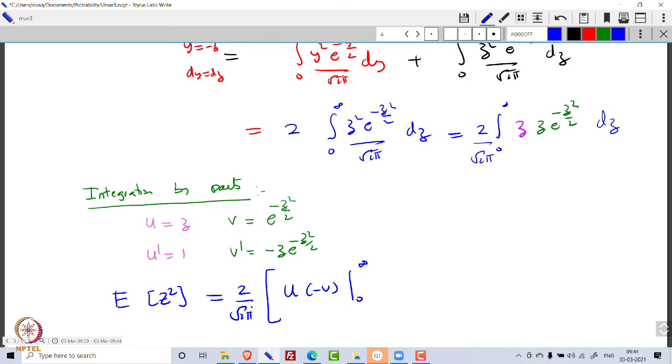And then here I would have a minus and a minus, which would become a plus. So I'll leave it like this: the integral from 0 to infinity of u prime times minus v times dz. That's what I get.